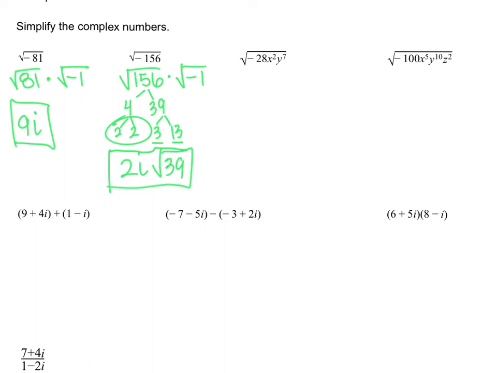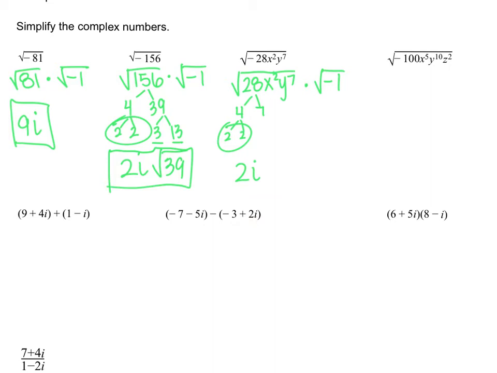We can also simplify complex numbers when there are variables involved. We break it down just like we did with the numbers. We do the square root of 28x squared y to the 7th times the square root of -1, and we simplify it like we did previously. 28 we break down as 4 and 7, and 4 we can break down as 2 and 2. So there is a pair of 2's, so we'll have 2i, and then we're going to simplify our variables.